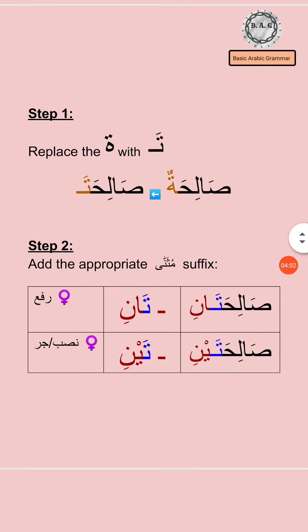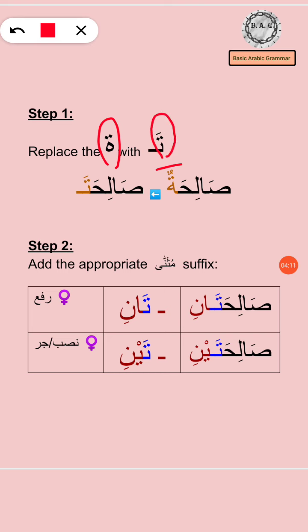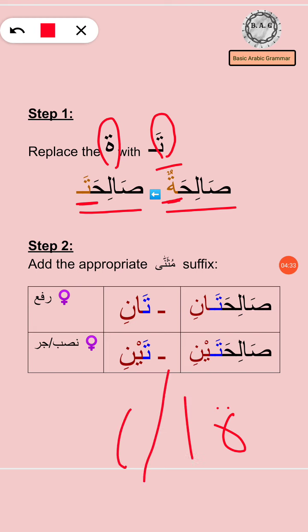Our first step is to replace this ta marbuta with a regular ta, and that ta has to carry a fatha with it. So salihatun becomes salihatta. The sound is the same, the only difference is in writing: this ta marbuta becomes a regular ta. Why does this happen? This happens because this ta marbuta does not attach with an alif or with a ya.